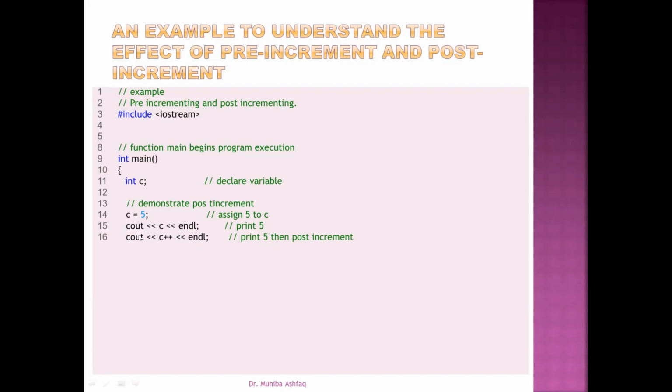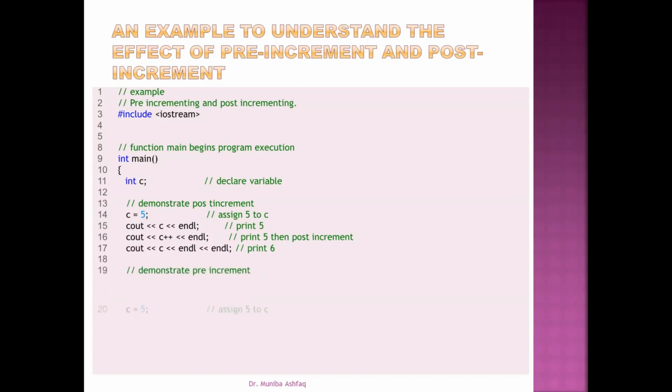The expression evaluates first, that is, the value 5 will be printed on the screen, and after printing, the value of C is incremented as this is a post-increment operator. Then when we display its value, as it has been incremented by 1 and becomes 6, the incremented value is displayed on the screen, that is 6.